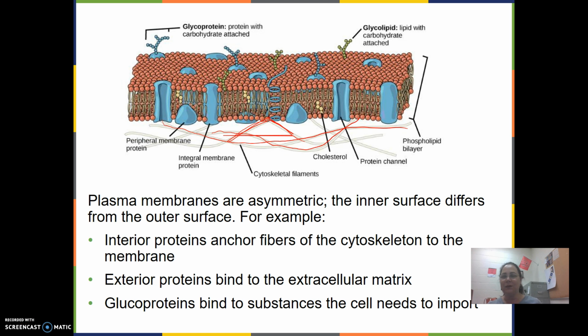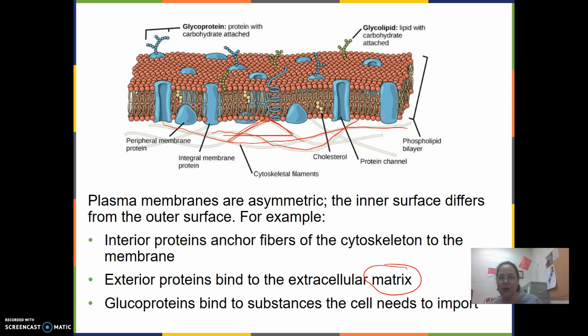So proteins on the outside bind these cells to other cells or to the extracellular matrix. Like in connective tissue such as blood, the matrix is the blood plasma, the fluid part of the blood. It's just whatever chemical or material surrounds the cells in that tissue.